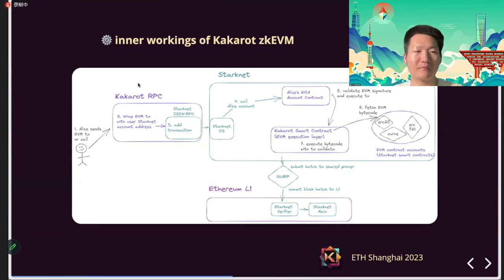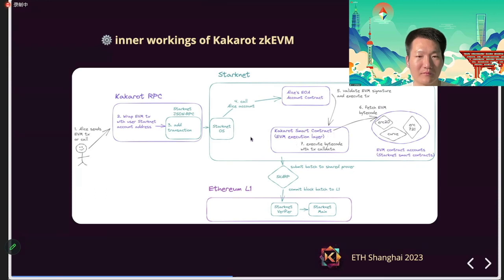Then the Kakarot RPC will call the Starknet JSON RPC client for you, so your transaction is going to be included on Starknet. Your Ethereum signature is going to be validated on Starknet. Then the Kakarot engine, the EVM runtime, is going to fetch the EVM bytecode of your smart contract from the Starknet state and run it.